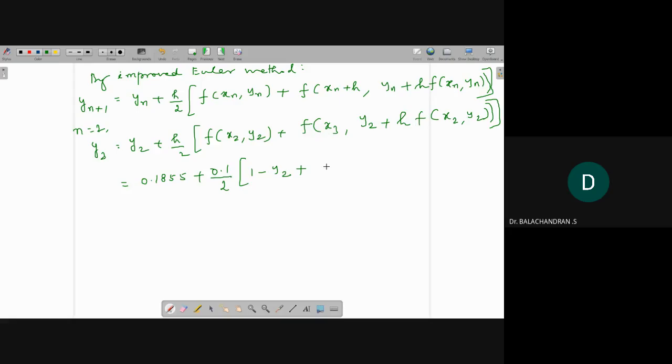Again, f of x comma y is 1 minus y. What is y? y2. So I'll put a bracket here: 1 minus y plus h into f of x2 comma y2.